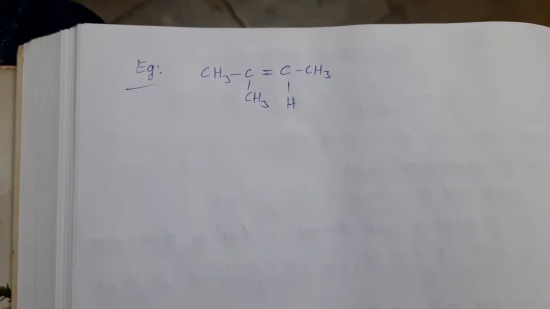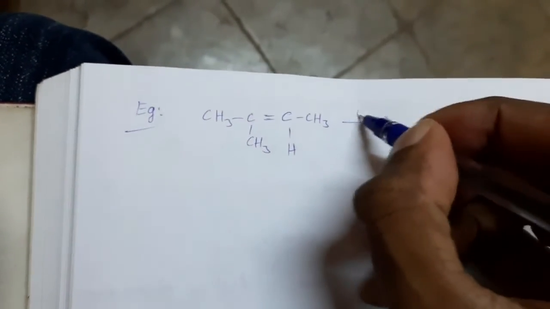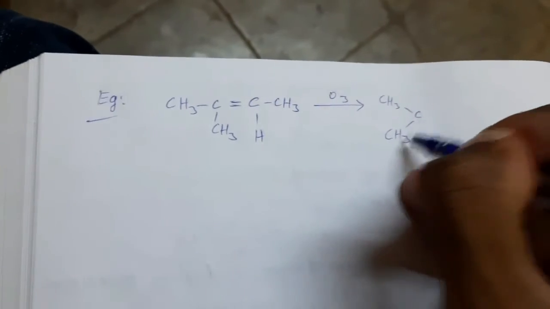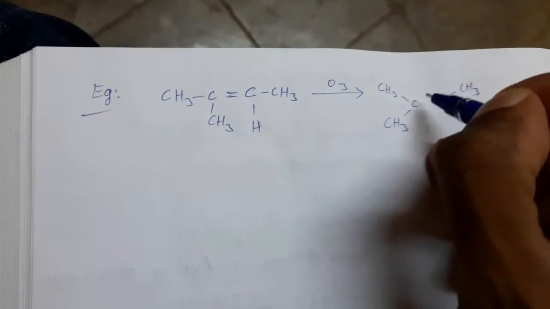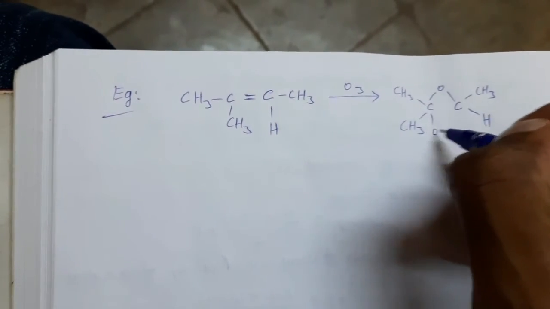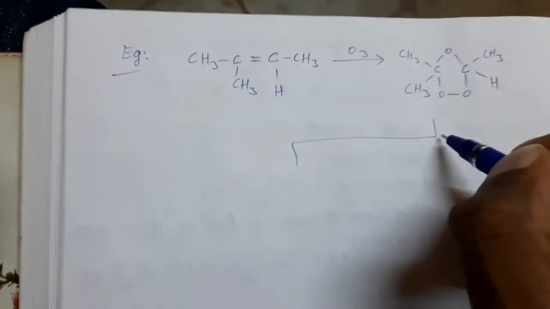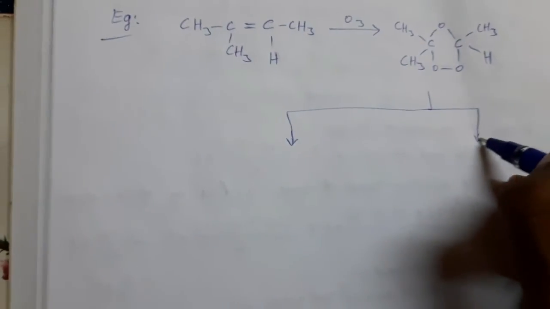This compound is treated with ozone. Then we can get ozonides, CH3, this is ozonide. This ozonide is treated with reductive ozonolysis and oxidative ozonolysis. We can get different products.